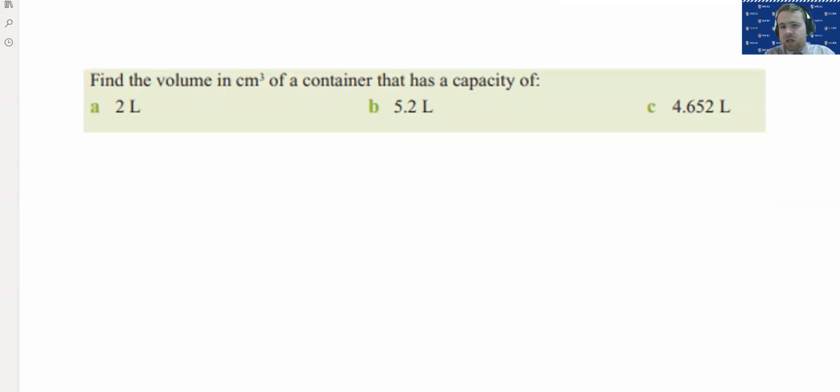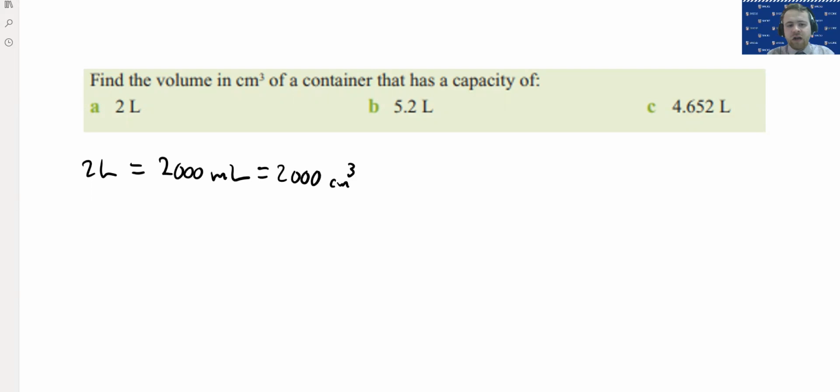Now, in these questions, find the volume in centimeters cubed when we're given something in liters. So we first have to say that 2 liters equals 2,000 milliliters. So remember, we're multiplying by 1,000 to go from liters to milliliters. And then that is going to equal 2,000 centimeters cubed.